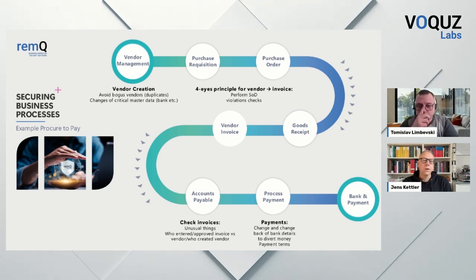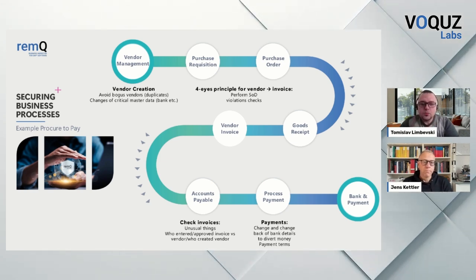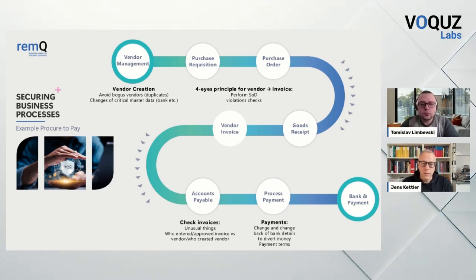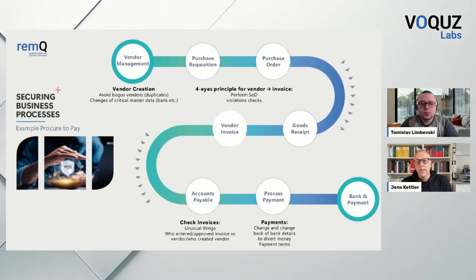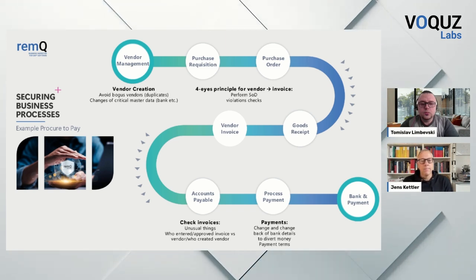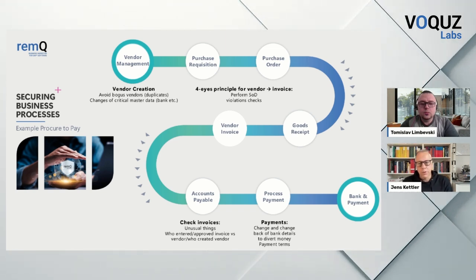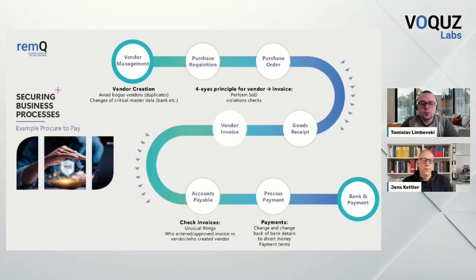And finally, going further to accounts payable and the payment process, there you also have things that you can test. You should have a library of these controls available that help you to monitor this whole process and detect things that look suspicious or not regular.